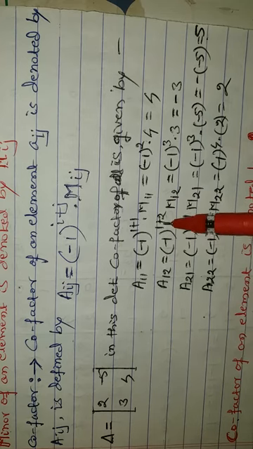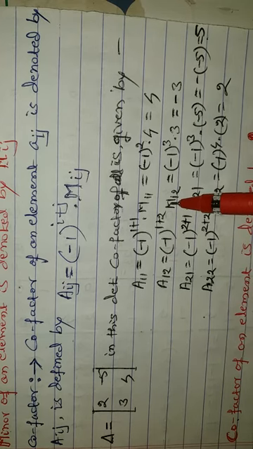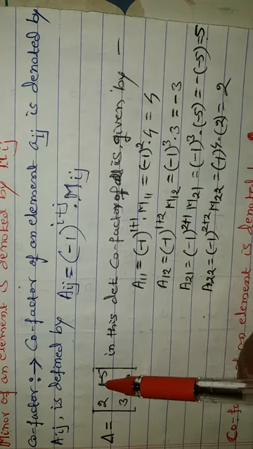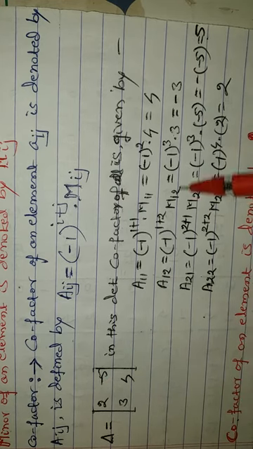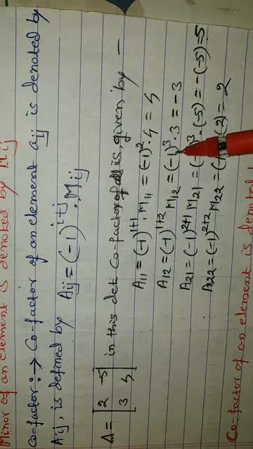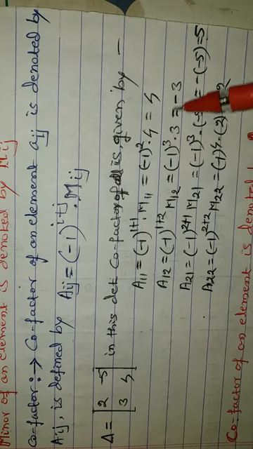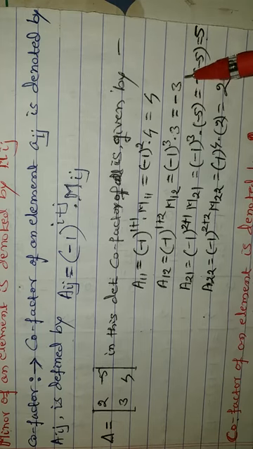Hence, minus 1 to the power of 3, into the minor of minus 5, which is 3. Minus 1 cubed is minus 1, into 3, gives minus 3.